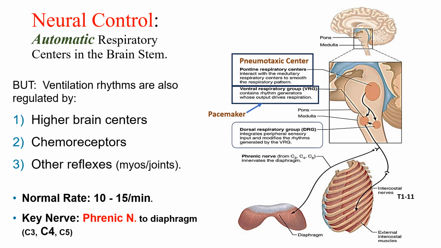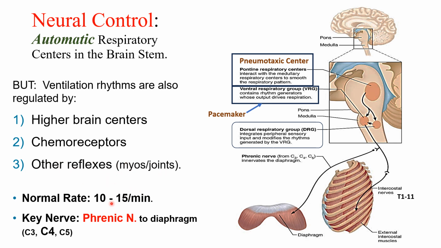Now, folks that are chronic smokers, folks that have COPD, they have issues because that CO2 drive gets knocked out and they're relying on oxygen instead, which is why you never give high flow oxygen to an unconscious patient without direct supervision, because if they have COPD, that increase in oxygen will cause them to stop breathing, which is not good. There are other reflexes in here, muscle and joint reflexes that can also trigger changes in breathing rate.